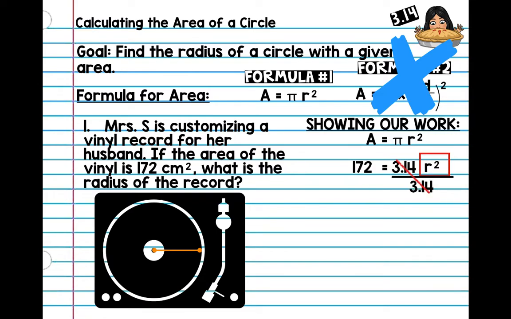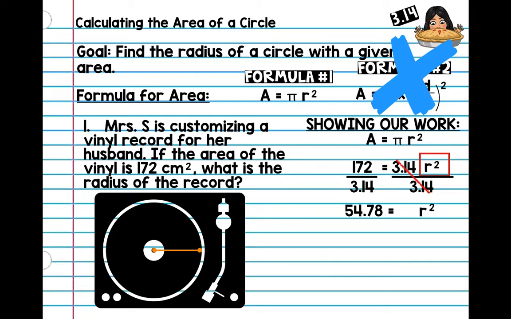We're going to divide 172 by 3.14. Grab your calculator, 172 divided by 3.14, and you get 54.78. Just round to 2 decimal places. Now we have r squared equals 54.78.